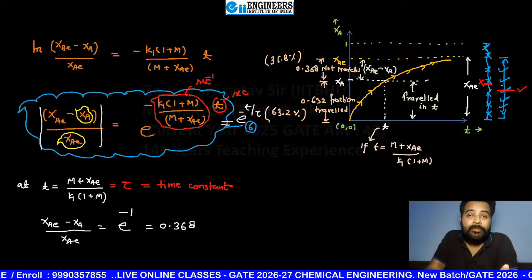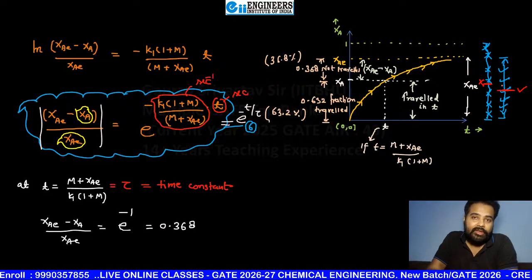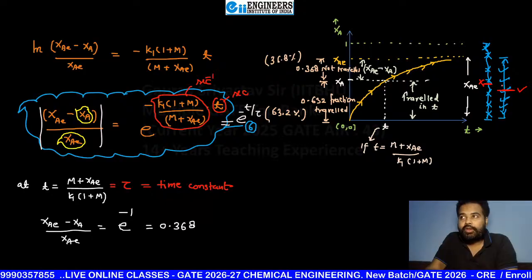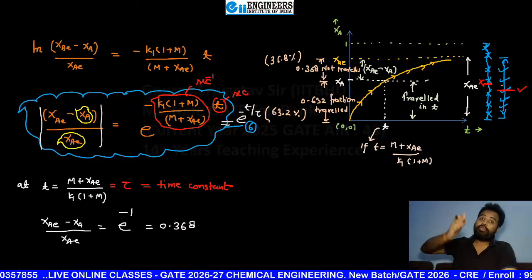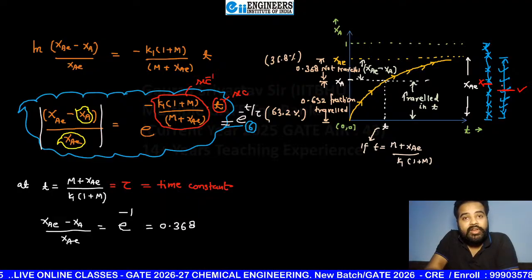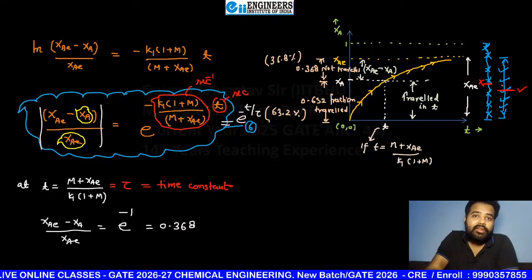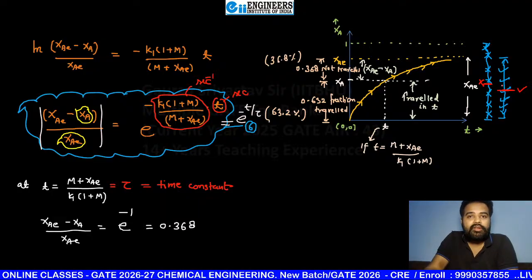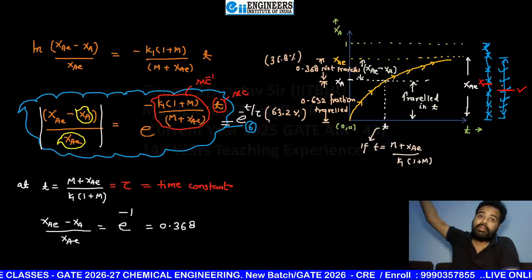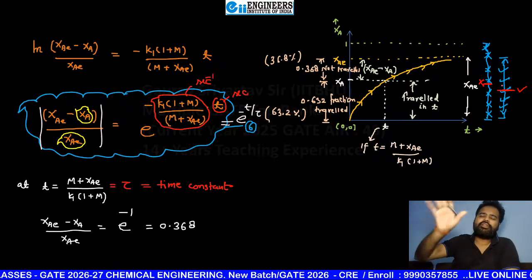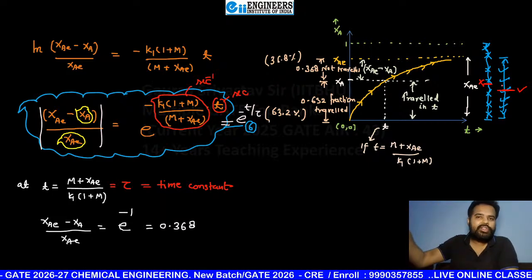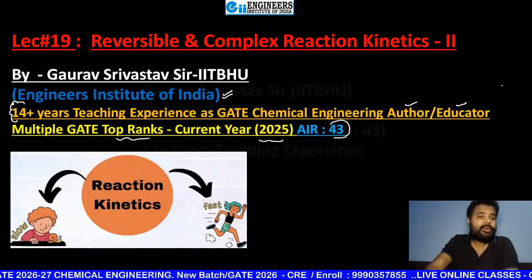Because suppose in some given chemical reaction the equilibrium conversion is 40%, then you are saying half life, that is, you are dealing with 0.5, which is not even possible in that given chemical reaction. 50% is not possible. So how can you write this here? Definitely that will be infinite, because the conversion is never going to exceed 0.4, because that is the equilibrium conversion there. Is it crystal clear to all of you, beta?